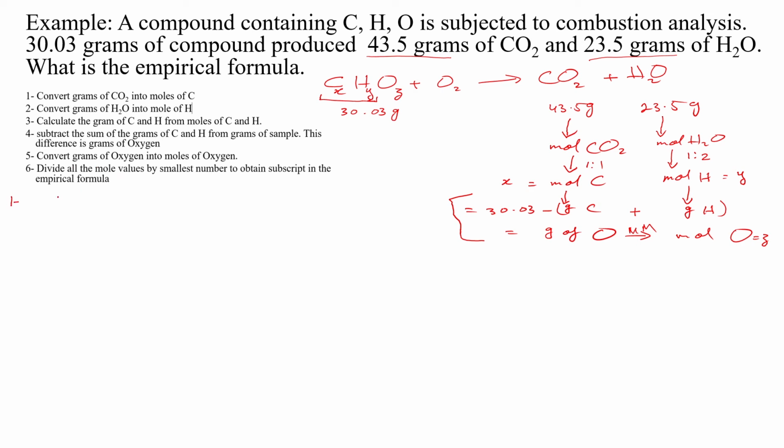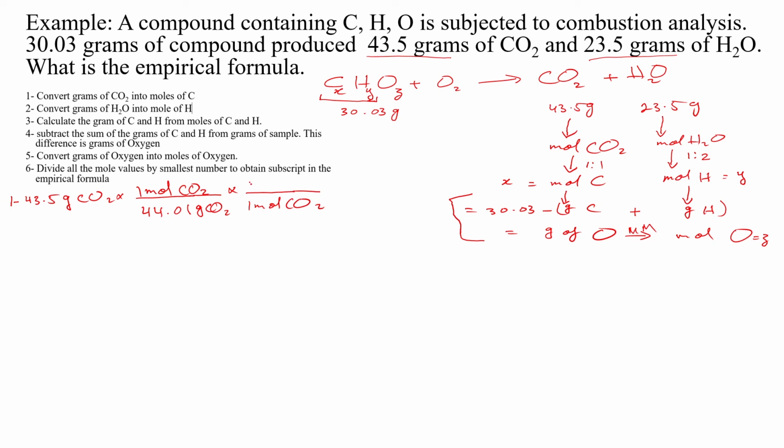So number 1: we are going to convert grams of carbon dioxide to moles of carbon dioxide. We did that practice. It is 44.01 grams of carbon dioxide per mole. So we have moles of carbon dioxide. We can convert this to moles of carbon.